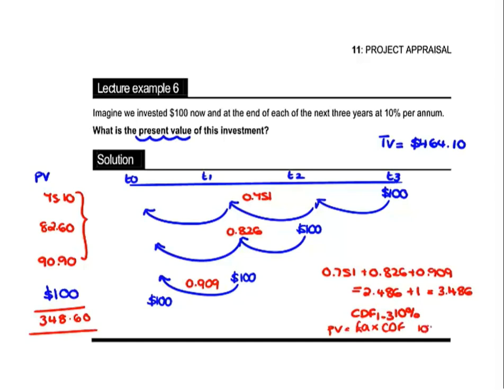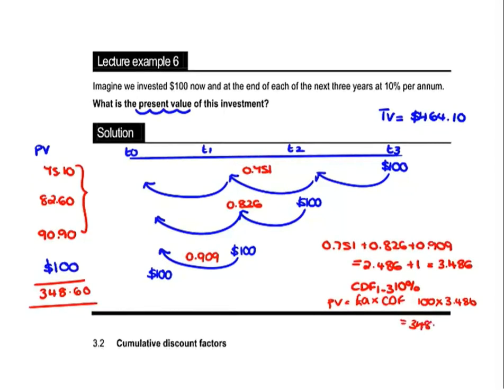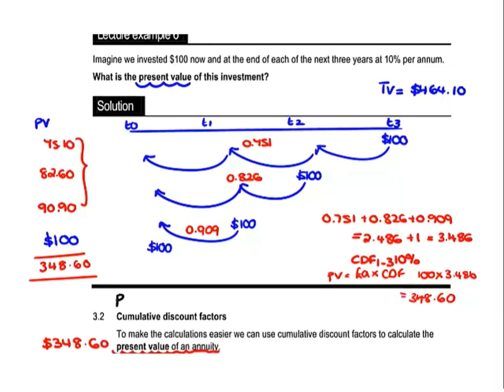So the annuity is 100 times by 3.486 gives us 348.60. So as you can see, it's a much quicker way to use the cumulative discount factor to work out the present value of an annuity. So the present value is equal to that annuity times by the cumulative discount factor. And those cumulative discount factors on the tables are for years 1 to 3, and you can adjust them. So here we had the first investment at T0, so we added 1 to it.